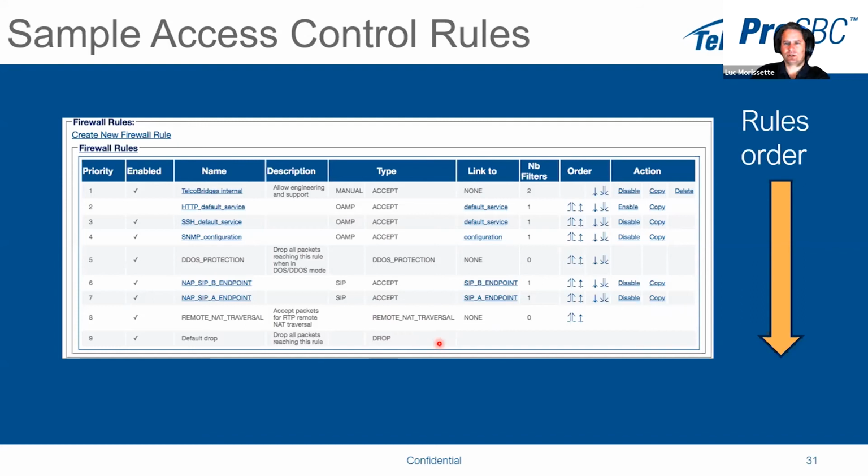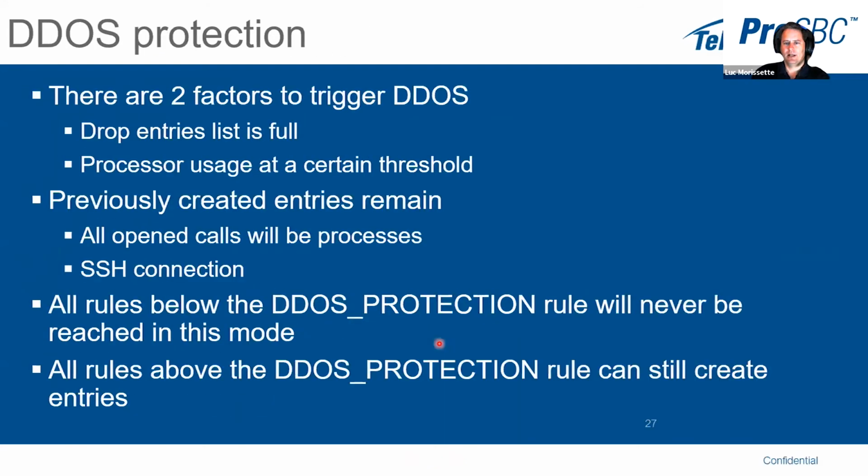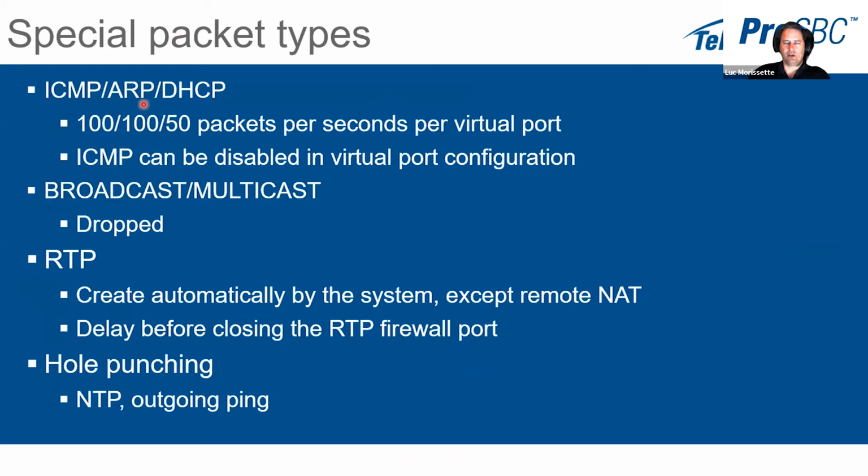All right. So let me just go back here. There are also other special packet types. ICMP, ARP, and DHCP, and there's an automatic limit on these types of packets. 100 for ICMP and DHCP, and they will be dropped if we reach these levels.